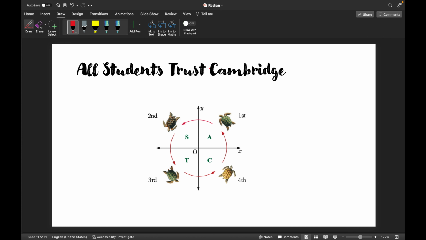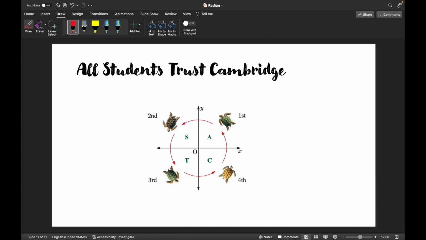All students trust Cambridge, in order to find whether it's going to be positive or negative. So in the first quadrant, what this means is that starting from the topmost box, which is also on the right, you'll have to go in the anti-clockwise direction, assigning each quadrant a letter.